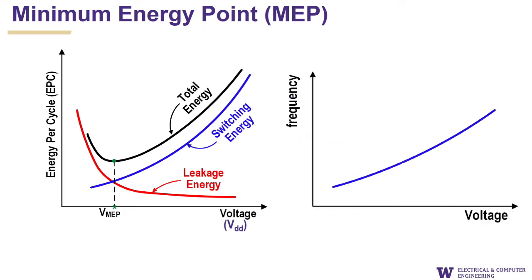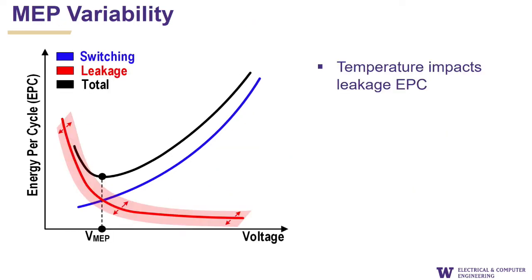Before we go into that, the thing to note is if you have a certain voltage at the minimum energy point, you have a corresponding operating frequency for that minimum energy point. Remember, we're not just interested in energy, we want to provide assurances on performance. So we have to keep an eye on what the corresponding frequency is, in this case FMEP, the frequency corresponding to the minimum energy point.